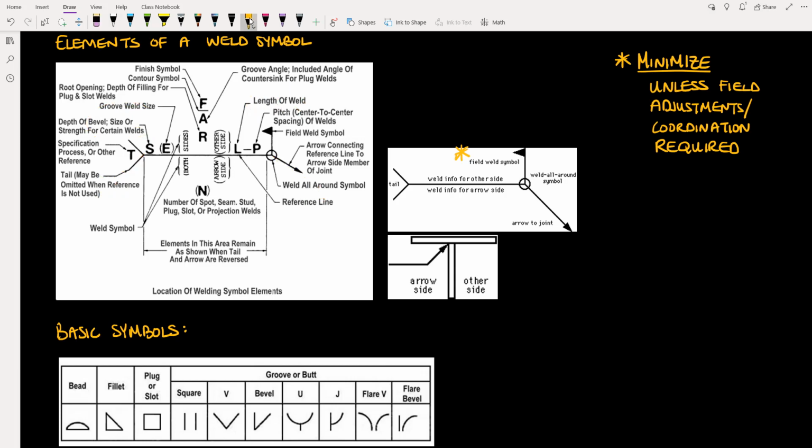Next we have the actual symbols. So here is where we are going to place the symbol that defines the shape of the weld, whether it's a fillet weld, a square weld, a curved type of weld, etc. Those symbols will go here. And as I just mentioned, the size of the weld will be placed on the left side.